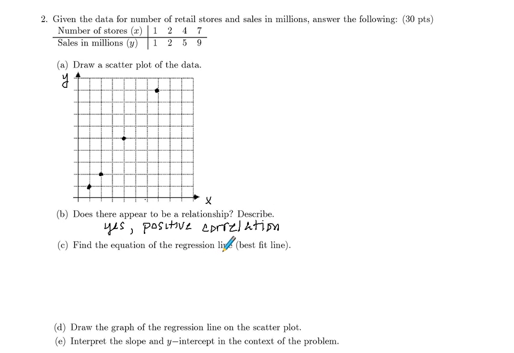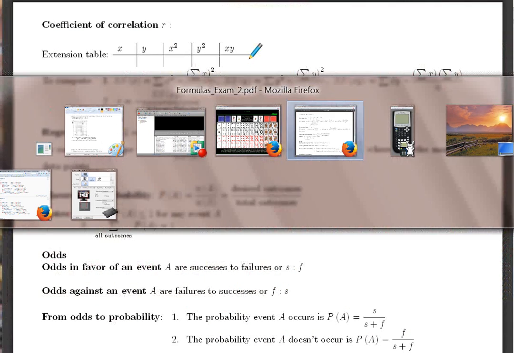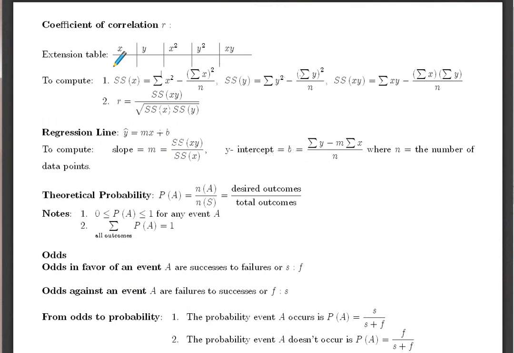Now find the equation of the regression line, the best fit line. Okay, so now we need to go to our formula sheet and get our equations for the regression line. So we're going to have to do an extensions table here. In our formula sheet, coefficient of correlation and then regression line, the first thing you've got to do is complete this extension table.